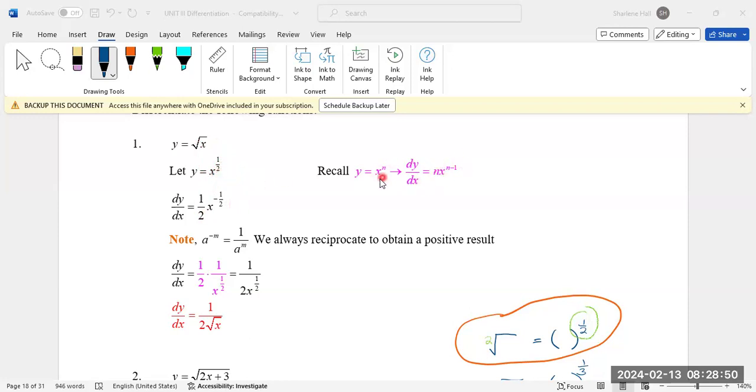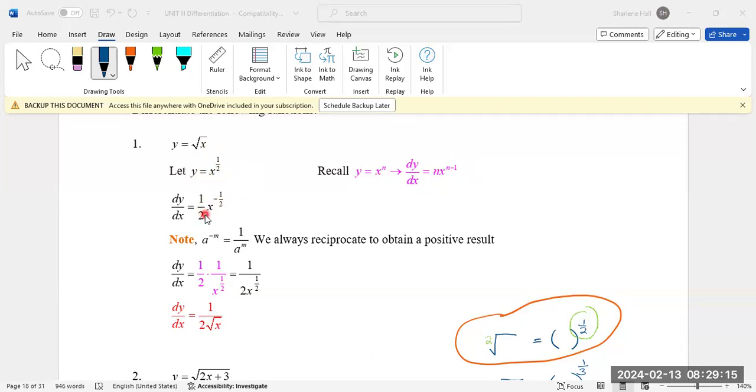Remember, when we are differentiating, we use the power to multiply by the coefficient, and then we subtract 1 from the power. So when we subtract 1 from a half, we're going to be left with negative a half. Please do not make the mistake and say negative a half minus 1 is going to be positive a half. It's going to be negative a half.